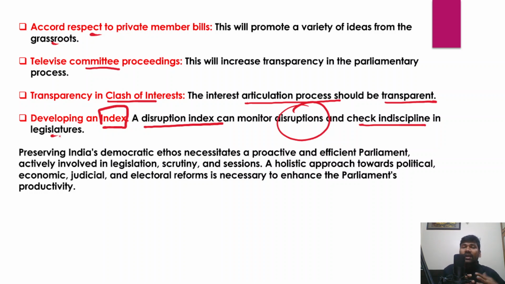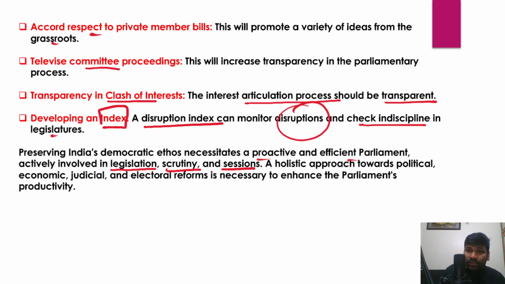Ultimately, in conclusion, you could write that it is important to preserve the democratic ethos. However, in order to preserve the democratic ethos, it is very important to take care of a proactive and efficient Parliament, effectively involved in legislation, scrutiny and sessions.